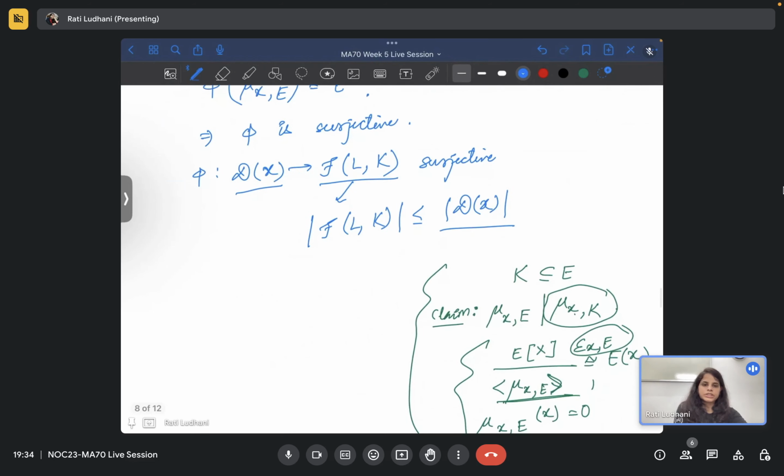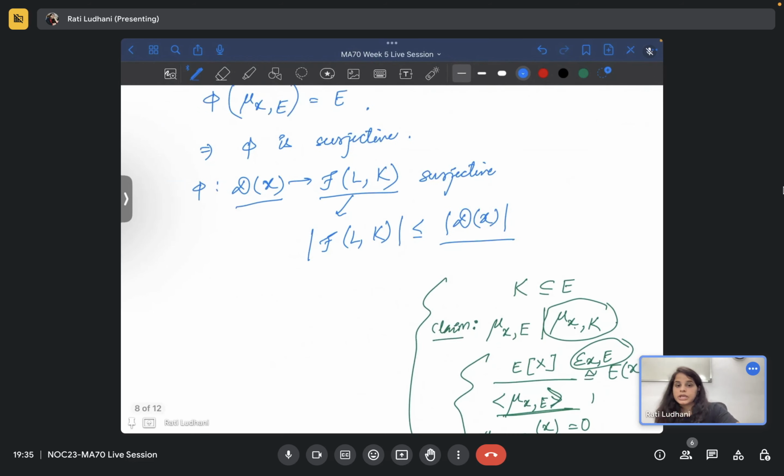If it is injective, then it will be equal. We can talk about this because the cardinality of Dx is finite. When we write less than or equal to, we cannot talk about infinite things, right? So we already know that Dx is finite.